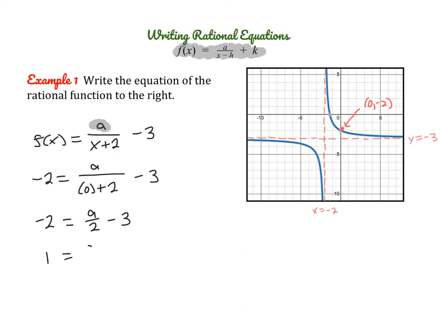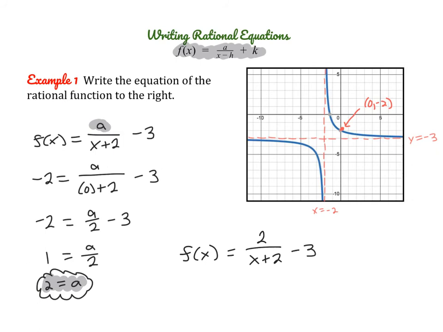So 1 equals a divided by 2, and then we can multiply both sides by 2. So we have our a value, which is 2. And now all we need to do is substitute that back in right here, and then we have our function. So this gives us f of x equals 2 over x plus 2 minus 3.